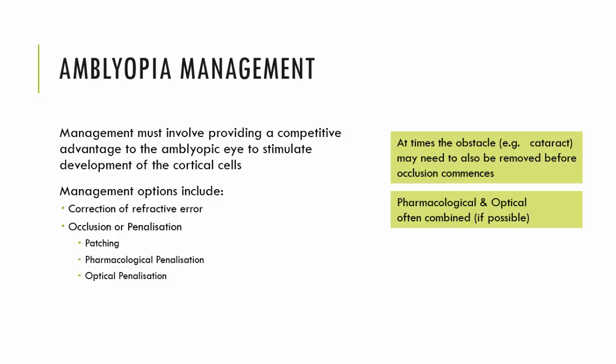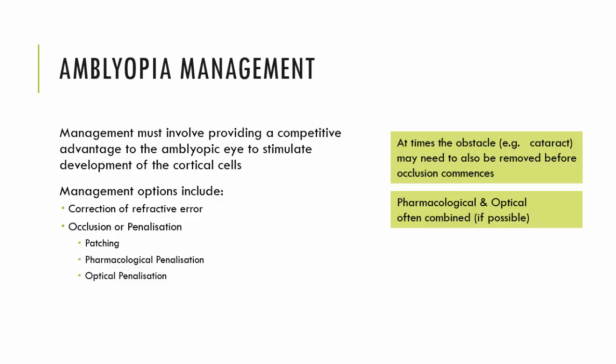So let's say we've got an anisometropic patient, one eye is +1 and the other eye is +5. Clearly, there's going to be a preference for the eye with a lower refractive error. And what we need to do as part of treatment is give a competitive advantage to that +5 eye. And the only way we can do that is to occlude the dominant eye or the sound eye.